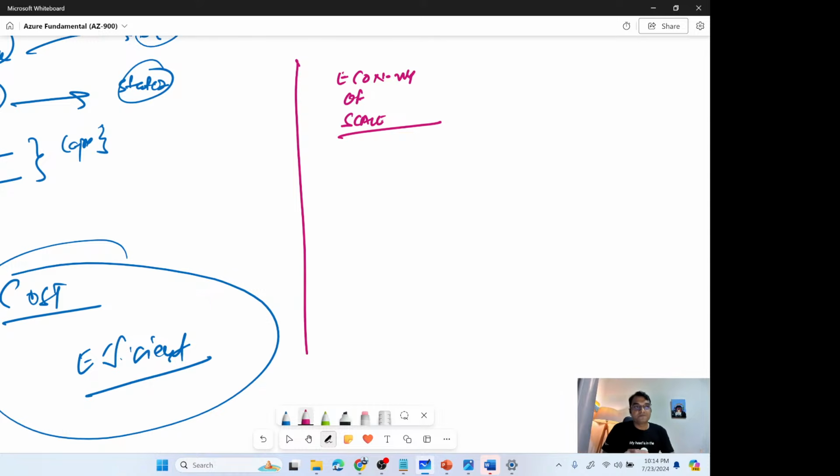For example, if Bella had to take care of high availability, disaster recovery, security, networking aspects, and agility all by herself, it would have become very, very costly for her.